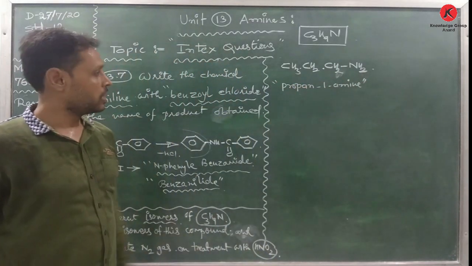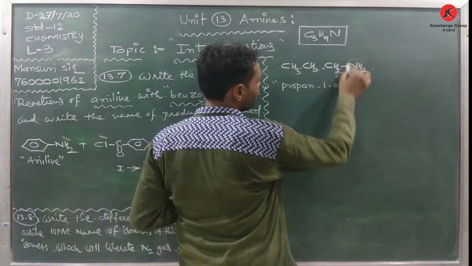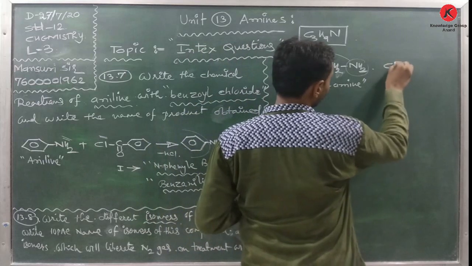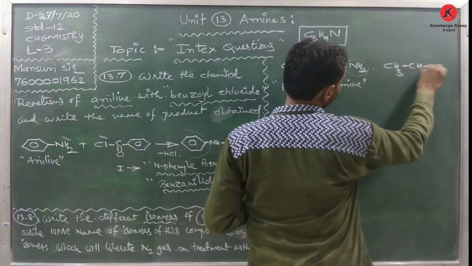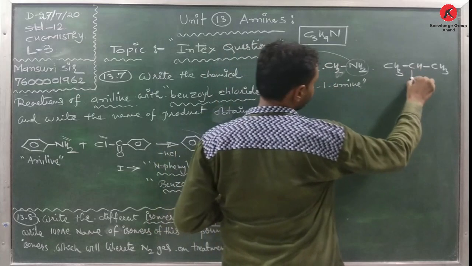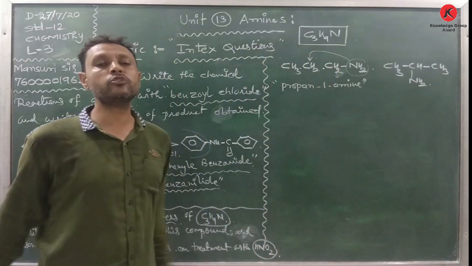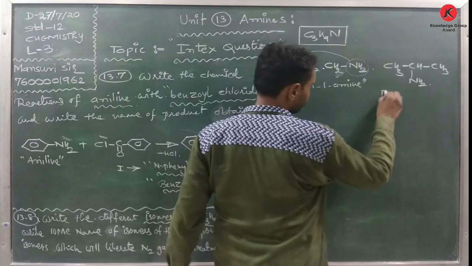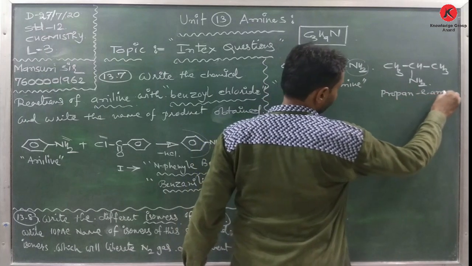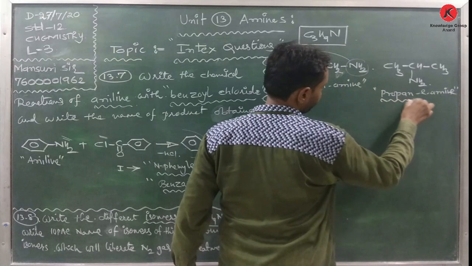Now, we have to make isomers of this compound. So this NH2 will go toward the second carbon, that is why CH3, CH, CH3 with NH2 on the second carbon. So this is my propane 2-amine.